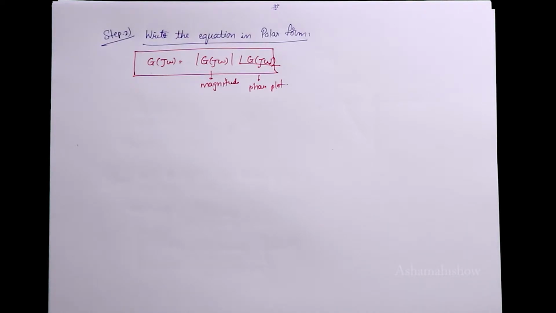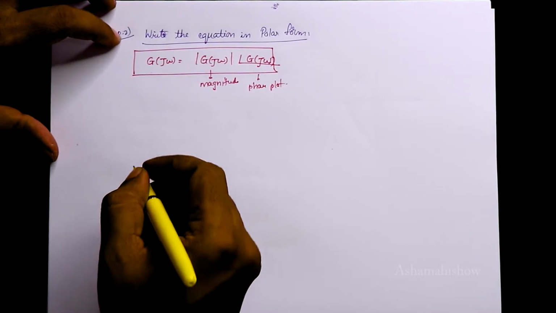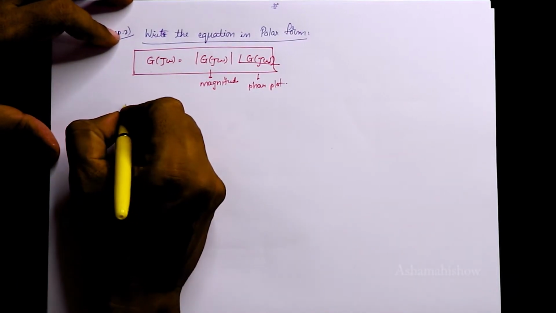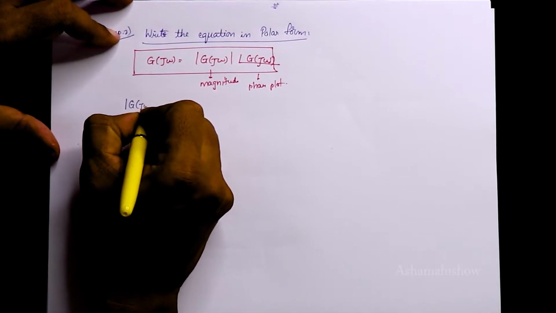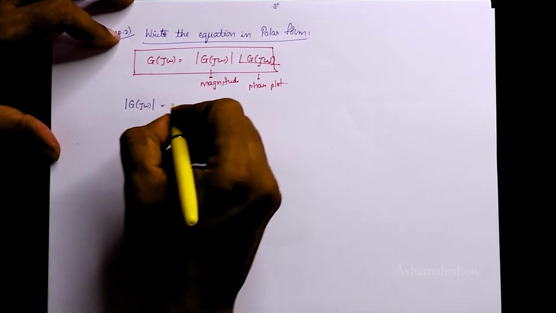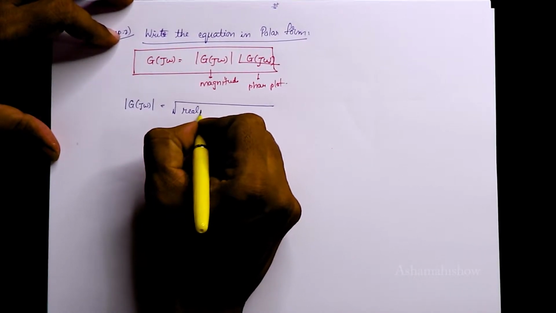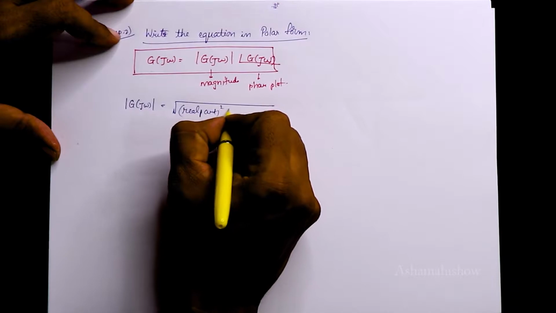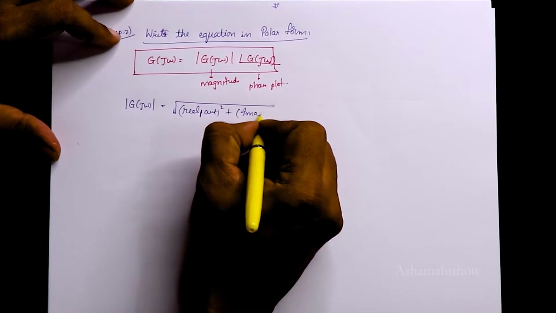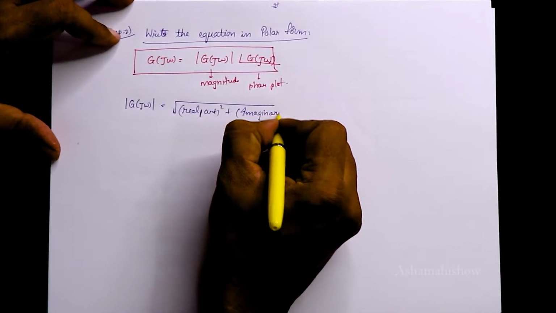First of all, let us find the magnitude. We know the magnitude is given by the square root of the square of the real part plus the square of the imaginary part.